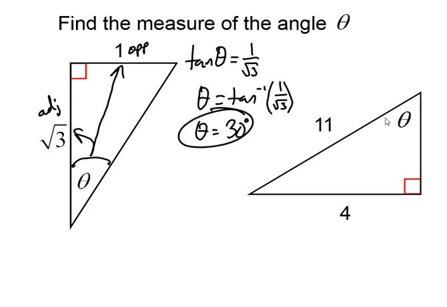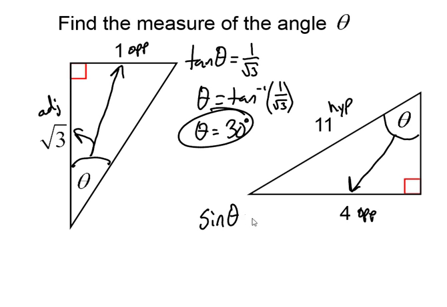In this last example, theta has an opposite side of 4 and a hypotenuse of 11. Some students accidentally think that hypotenuse is sometimes adjacent because it does look kind of next to the angle. But remember, it's the longest side, and the longest side is special. So in this problem, opposite and hypotenuse means it's a sine problem.